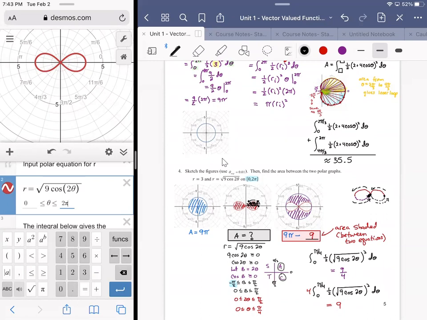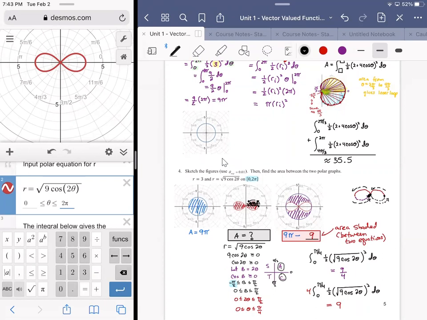Although you may have to go to pi over 2, because at pi over 4 you wouldn't have accumulated enough area to subtract the entire pedal, if I'm not mistaken. I would try it and see if it doesn't work. You might have to go pi over 2, now that I'm thinking about it.